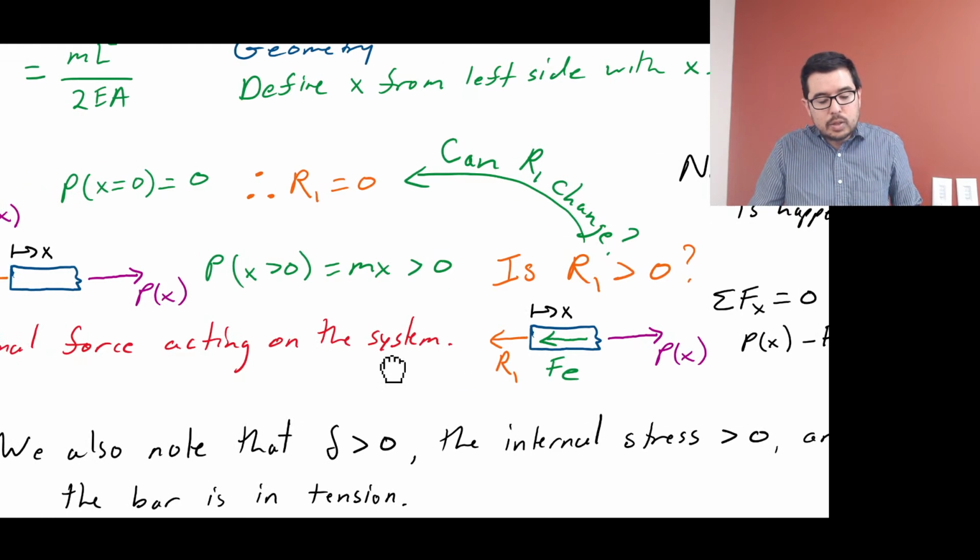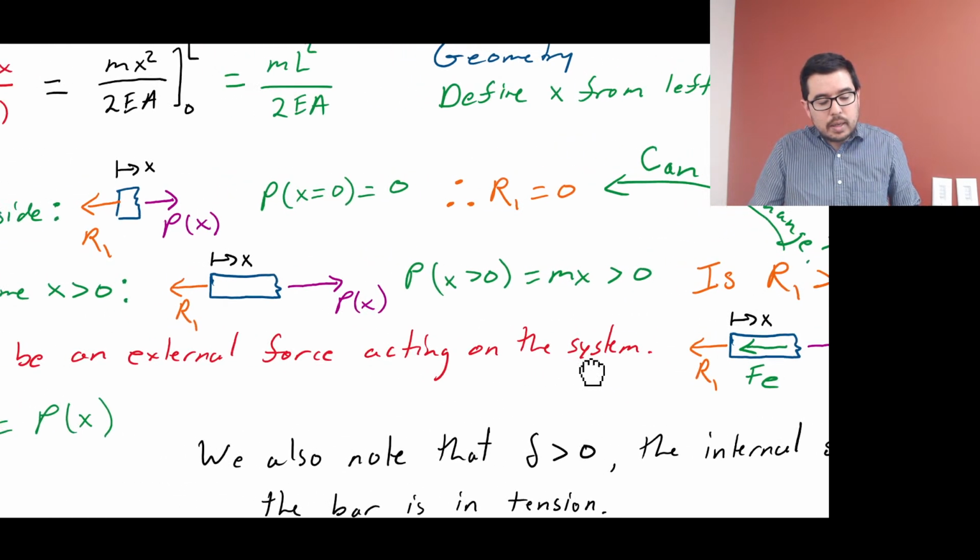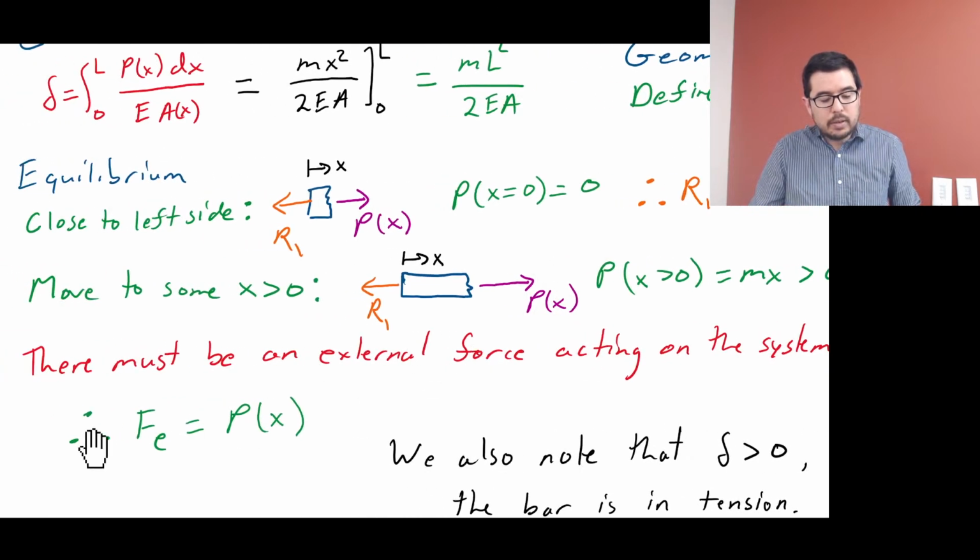That's pretty much the point here. This external force has to be equal to this internal force for this to be in equilibrium, assuming that R1 is equal to 0.